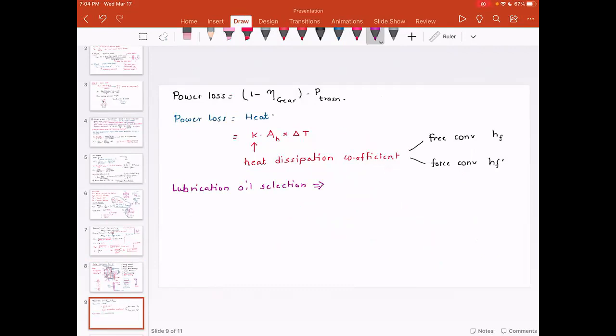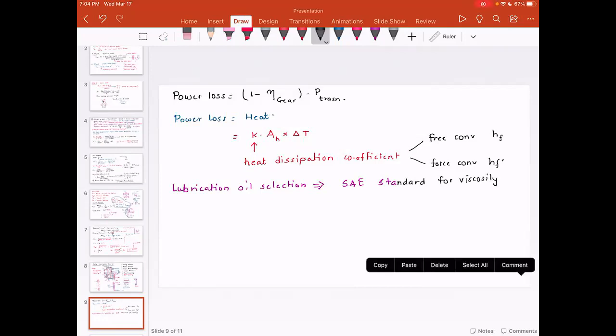If you look at the car engine oil, there are different grades: SAE 5, SAE 20, 10W, SAE 5, 20W. So there is an SAE standard for viscosity of oil.